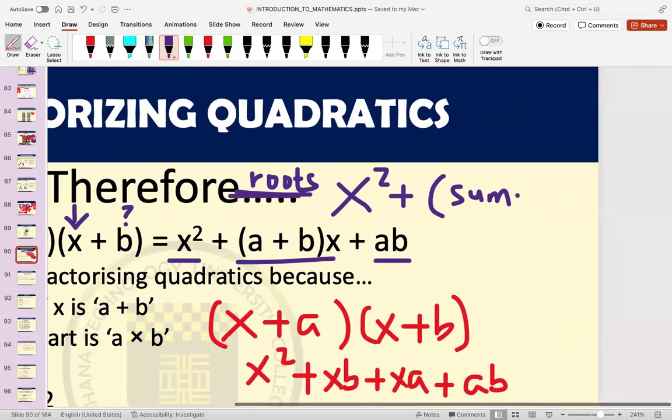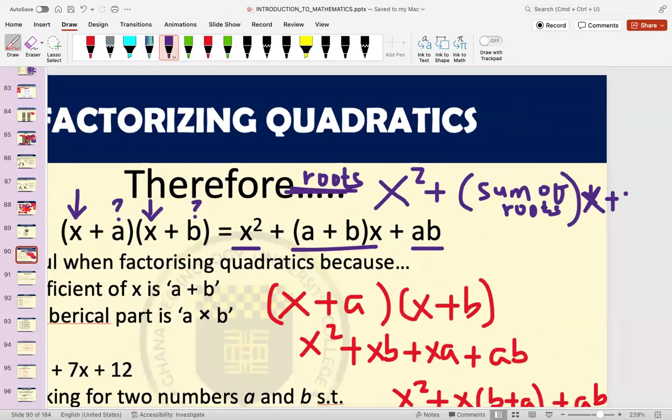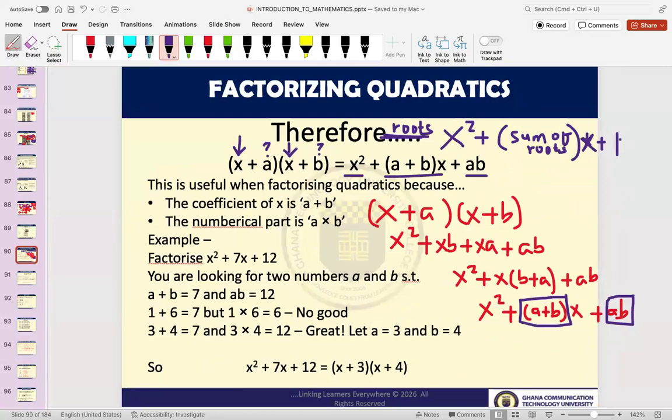So sum of the roots, just put the roots together. Add it. So sum of the roots times x, and then add it to the product of the roots.